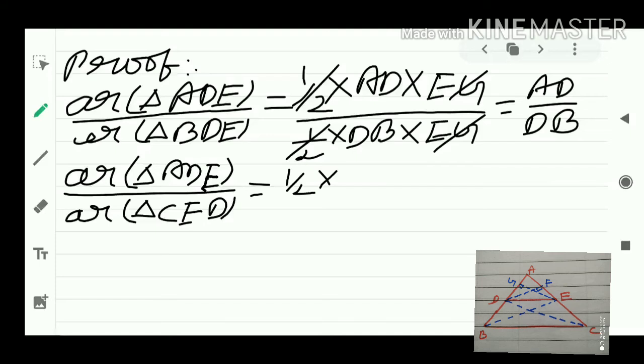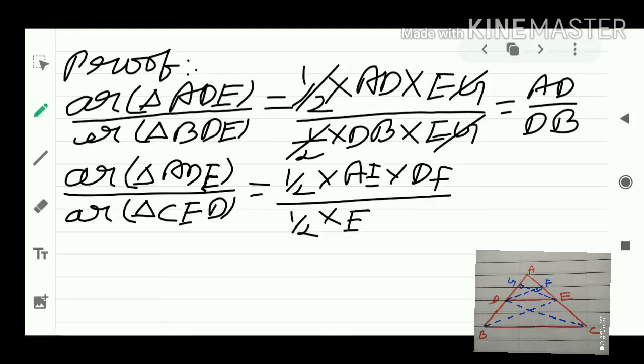We take from AC side AE into height DF, by 1 by 2 into base EC and the same height as above, DF.